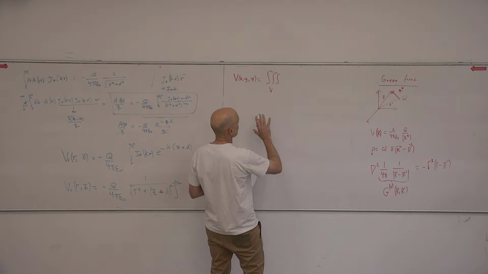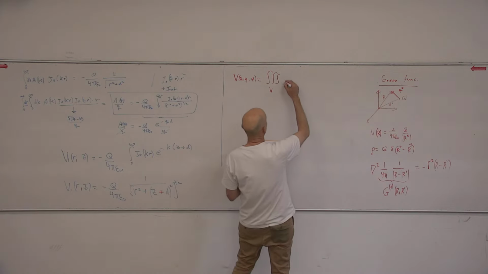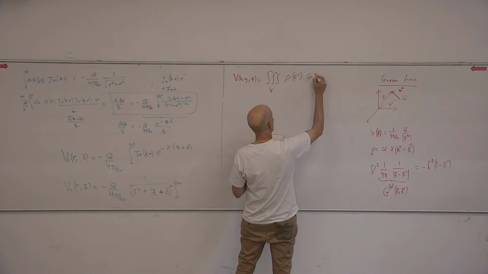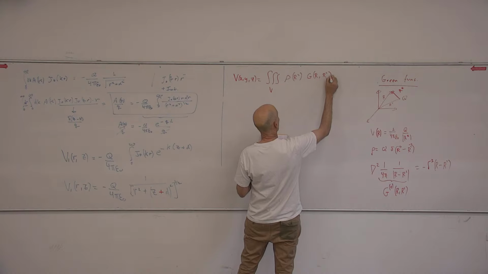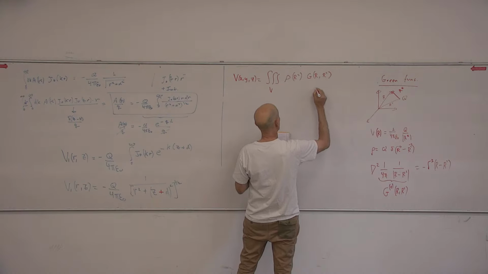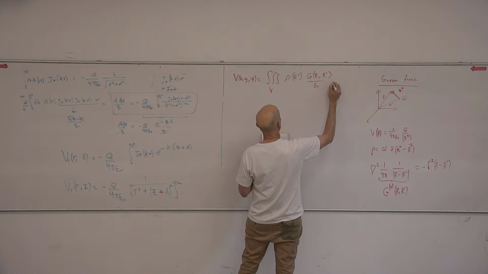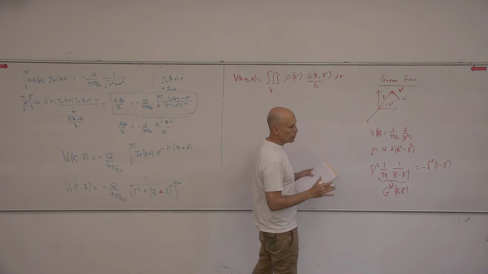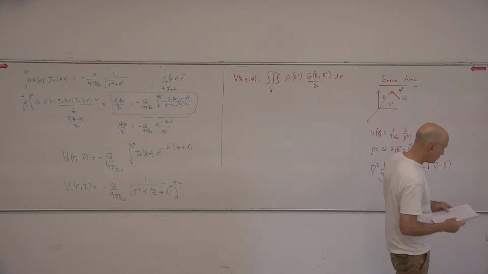This is an integral over all space. I can write it like this: rho of r prime, G of r, r prime over epsilon 0, dV. V is integration over all space in this case.